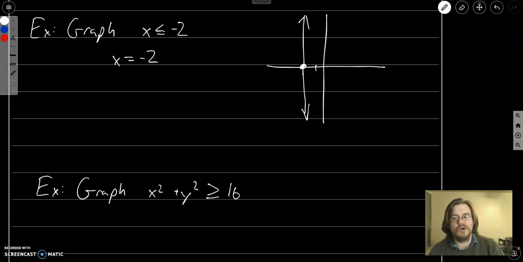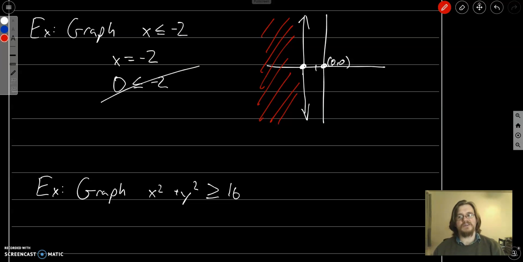Since it's less than or equal to, I draw a solid line. And next, let's check: is it on the left side of this or on the right side? So let's plug in a point. Here, this is a nice point, 0, 0. So let's plug x is equal to 0 into our equation. Is 0 less than or equal to negative 2? No, it's not. So we will graph the other side of our function.